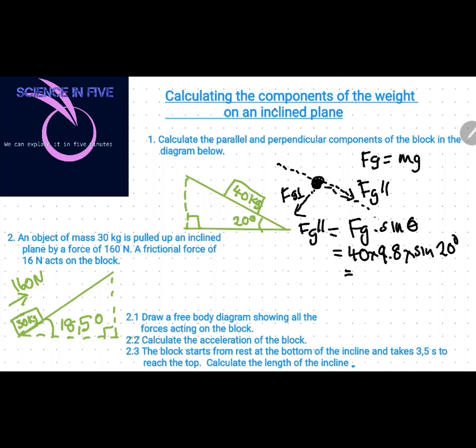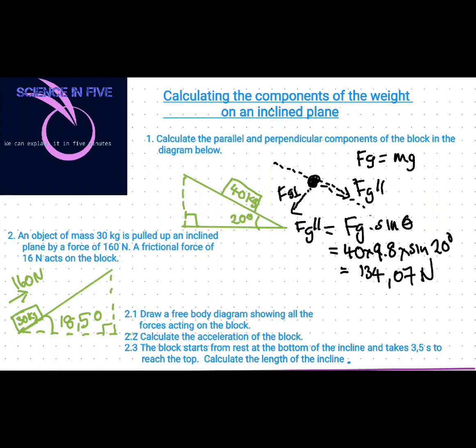So here you now need a calculator. 40 times 9.8 times the sine of 20 degrees, you get 134.07 newtons. The 134.07 newtons is down the incline. Always, Fg parallel is always down the incline.